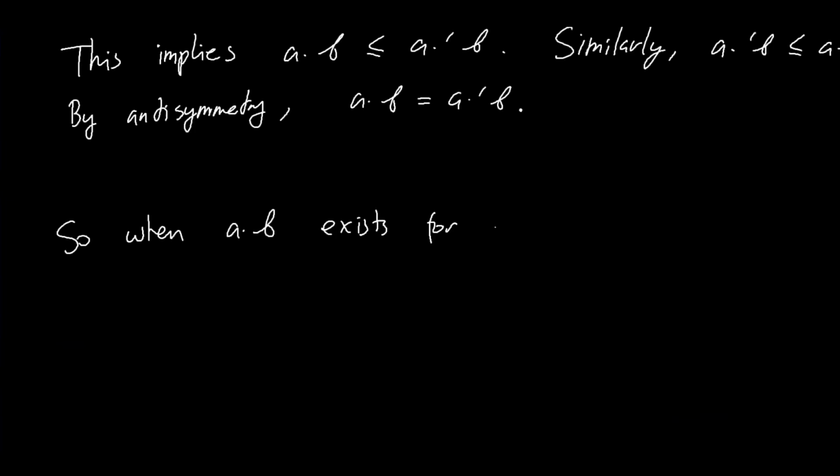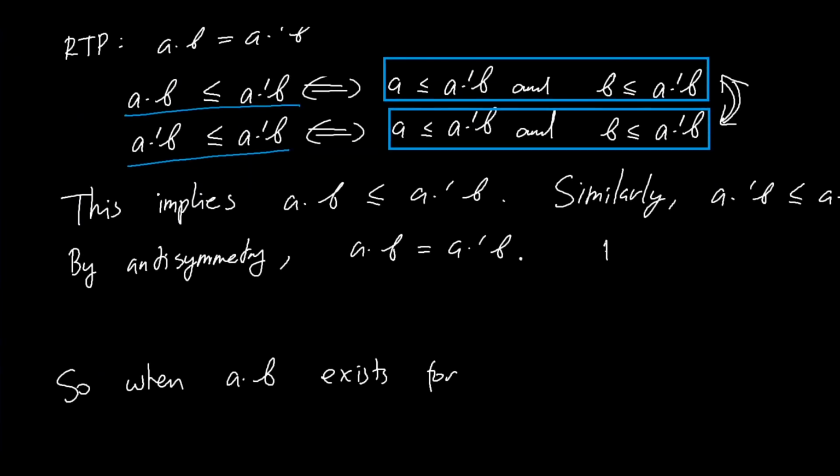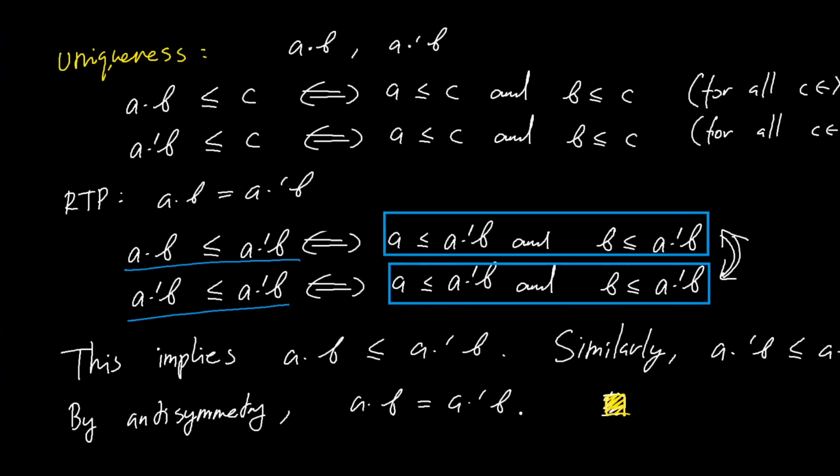So, of course, when A dot B exists for every A and B. So when A dot B exists, okay, so first of all, maybe I should make it clear that the proof of uniqueness is finished here, and I'm going to make it yellow because of the label here that was yellow.